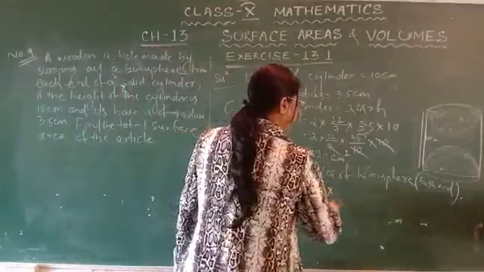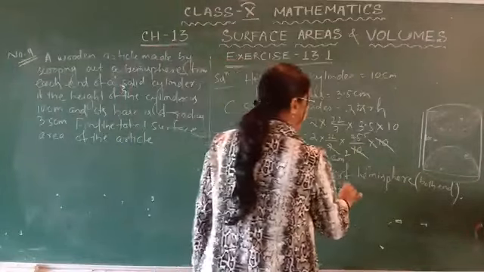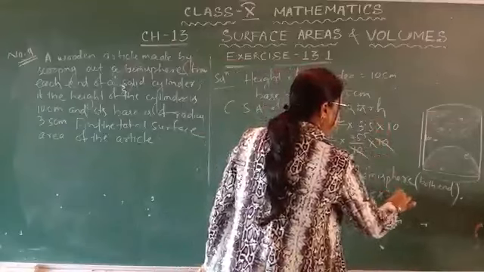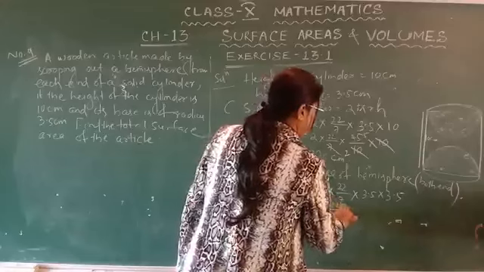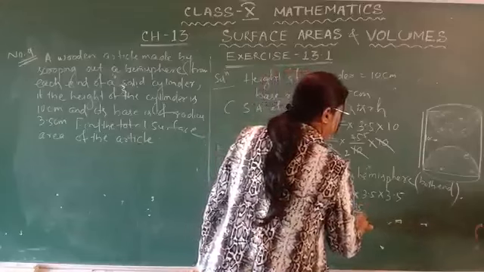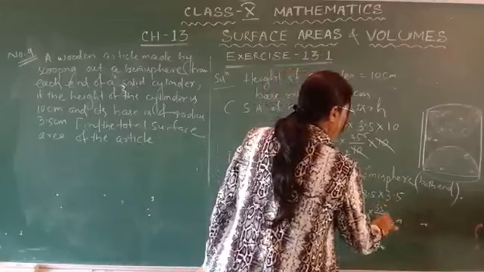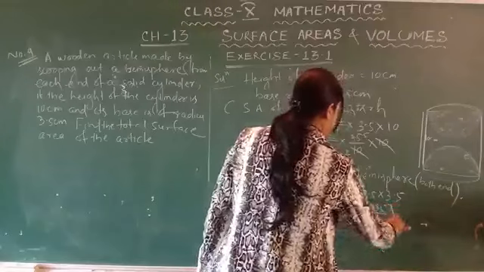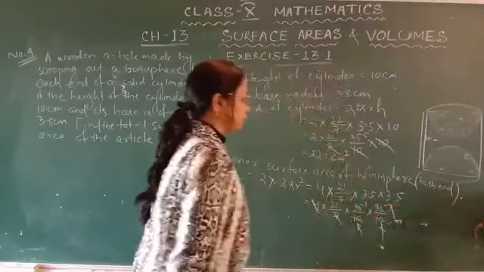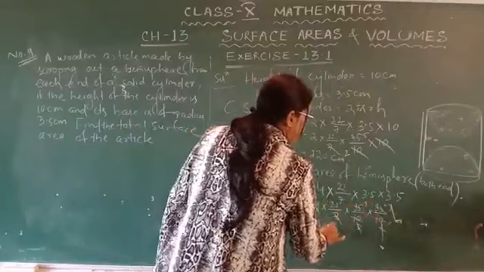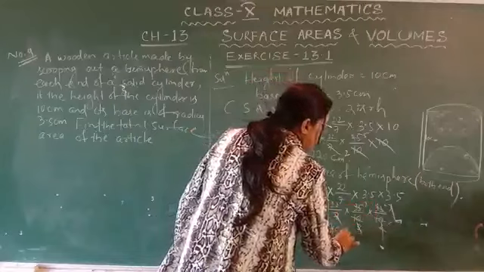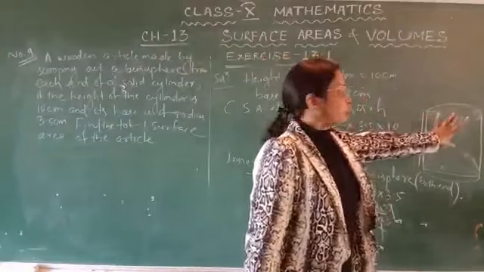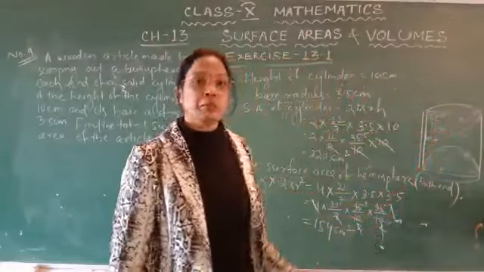So that is 4 into pi. Pi is equal to 22/7. R is equal to 3.5 into 3.5. So that is 4 into 22/7, here 35/10 into 35/10. 5, 7, 5, 2, 5, 7, 5, 2. 7, 7 cancel. 2, 4 also cancel. 22 into 7 is 154 centimeters. Okay, so for both hemispherical scoops, the area is equal to 154 centimeter square.